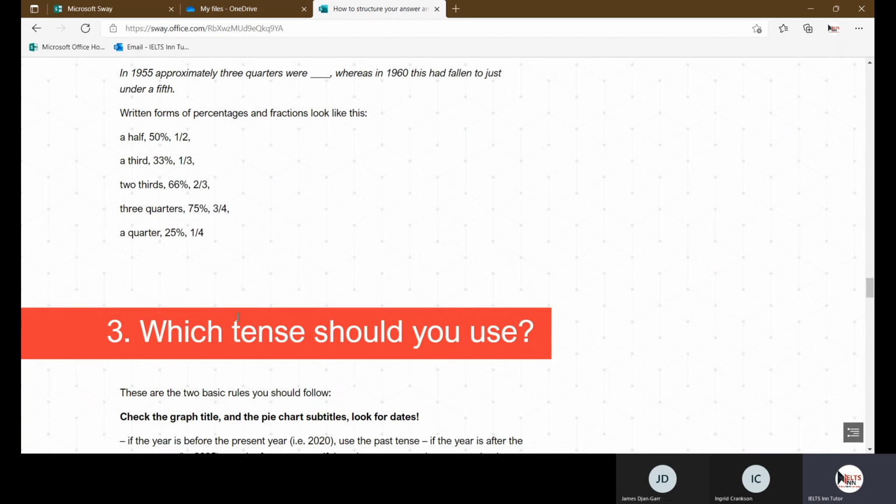So for example, you have a pie chart. Let me stop sharing.